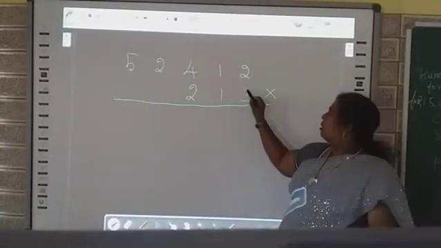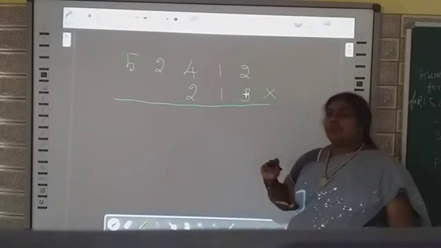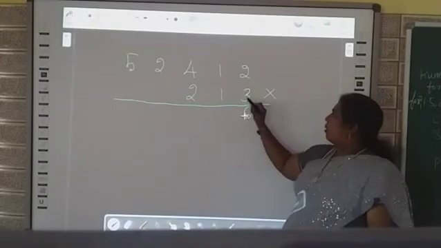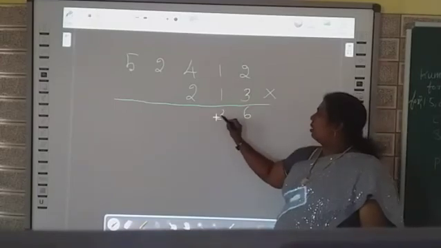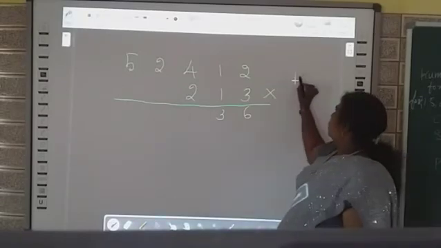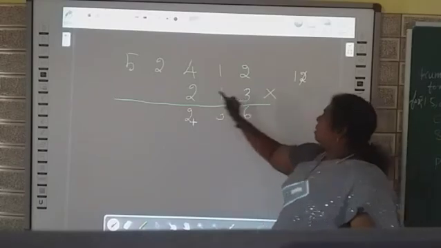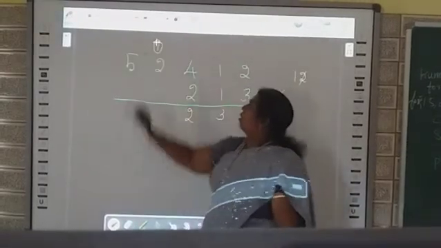First we are going to use the third digit, right? 3 times 2, how much will come? 3 2s are 6. Then 3 1s are 3. Then 3 4s are how much? 12, right? 12. But 2 will be here. Then 1 is here.